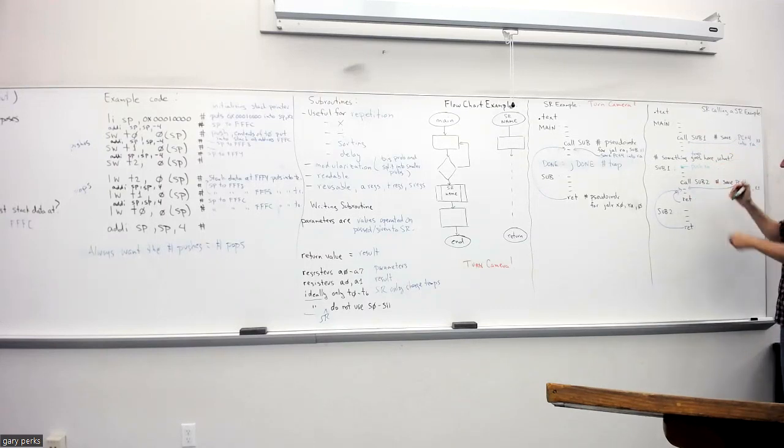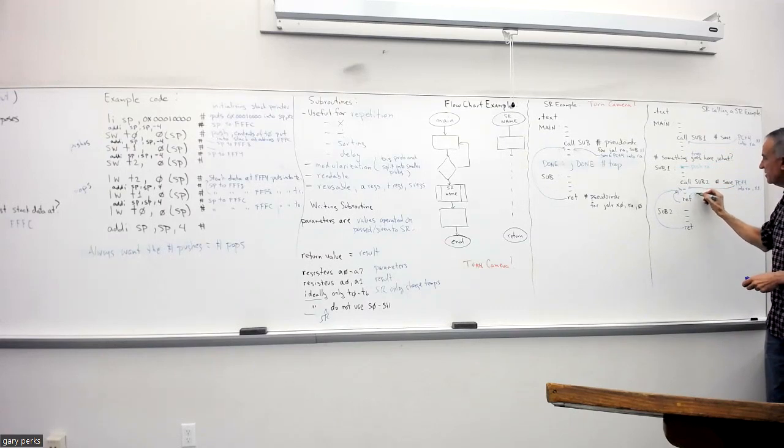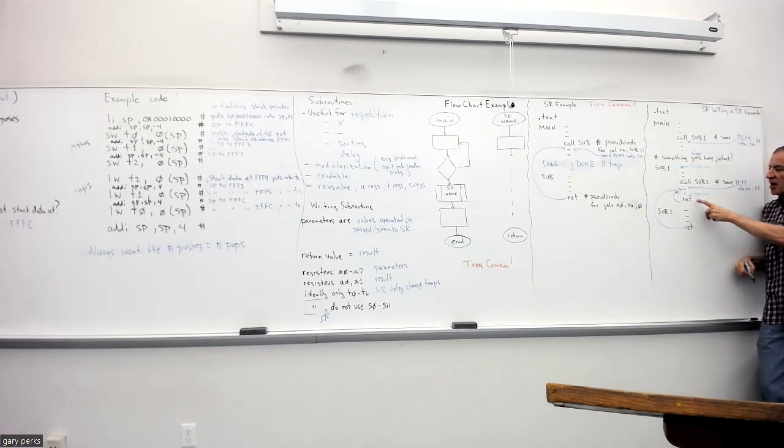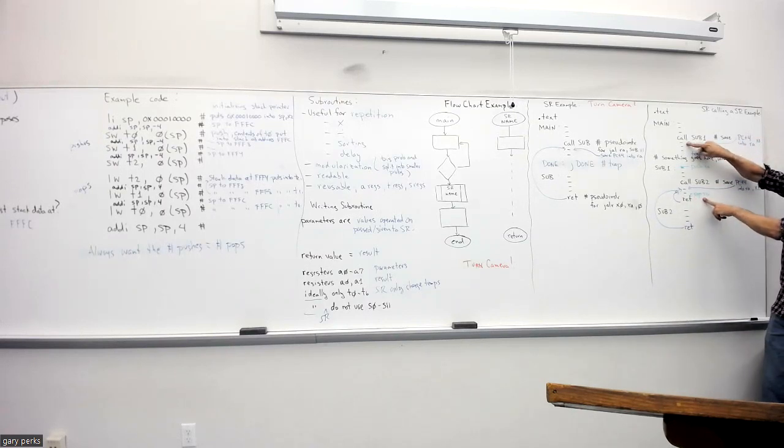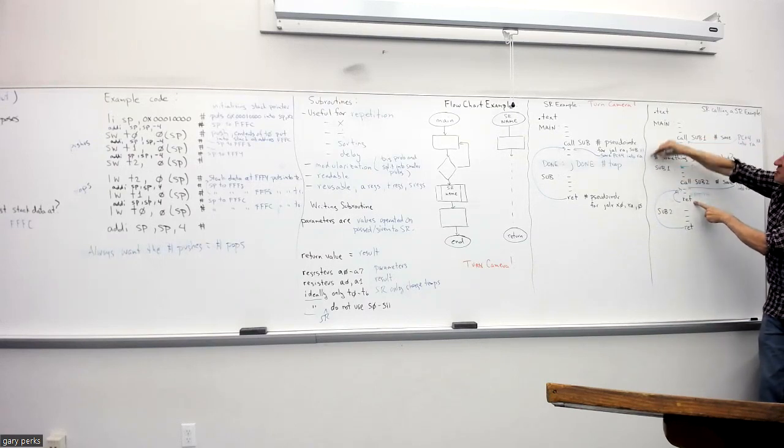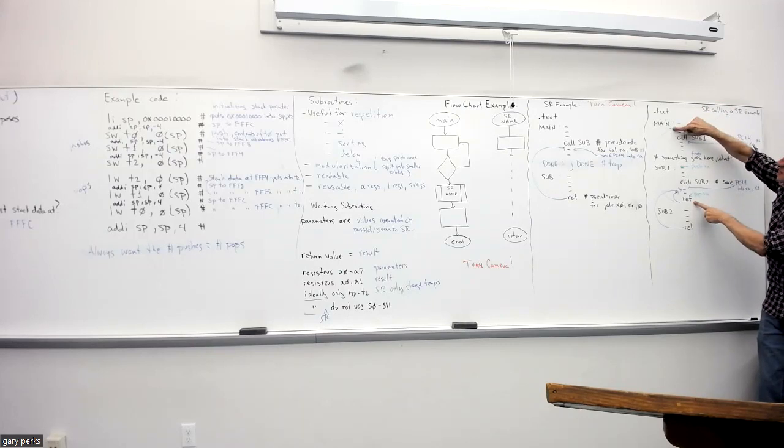And then I would pop it right before this return. Because if I pop it right before that return, it's going to put this return address of the main into RA before I hit this return, and that's going to take me back to the main.